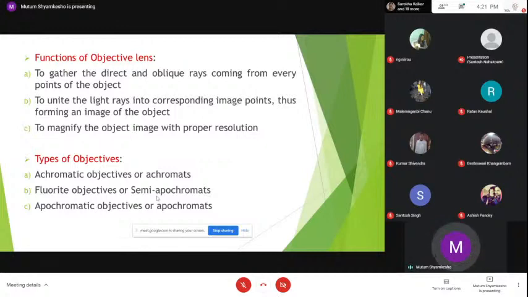Then the fluorite objectives are manufactured from very advanced types of glasses, which have elements like fluorspar or fluorides, or more advanced types of synthetic glasses or substitutes.